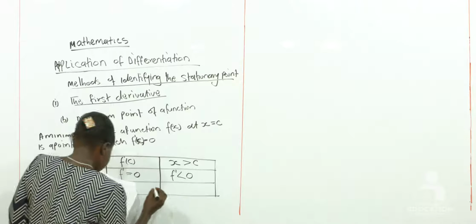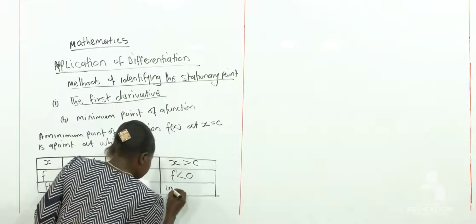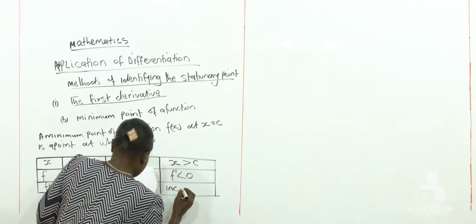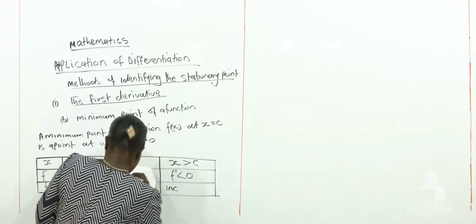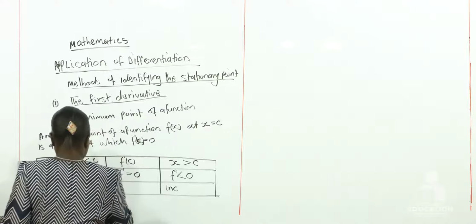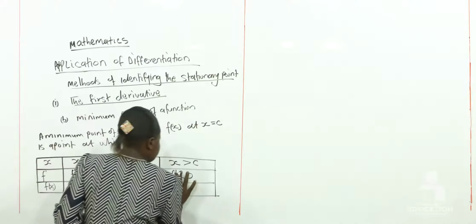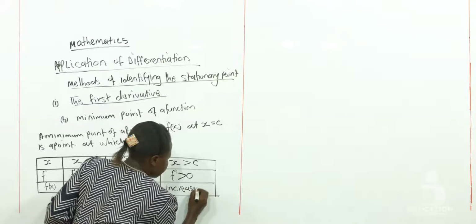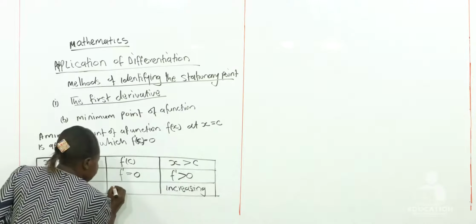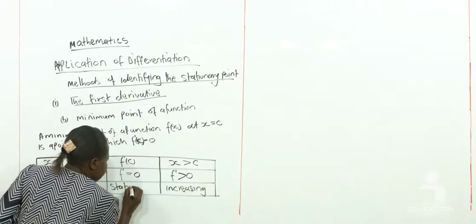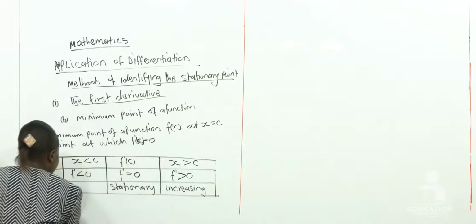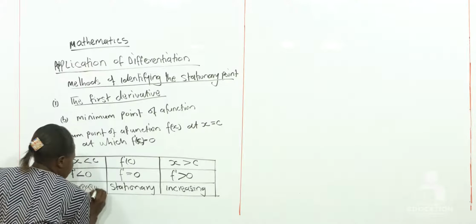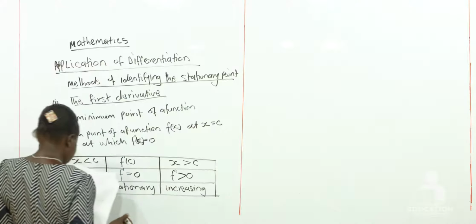What happens here is it will be decreasing, and then here it will be stationary, and then here it will be increasing.